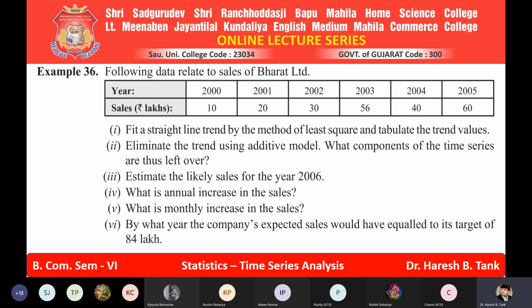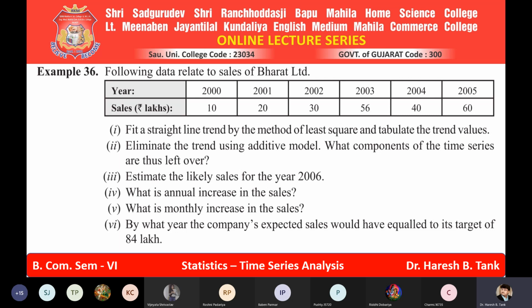The total number of years in the data set is 6, and 6 is an even number. Sales are in lakhs. These are the observations, and you have to keep this in mind. You have to collect this information from the example itself.